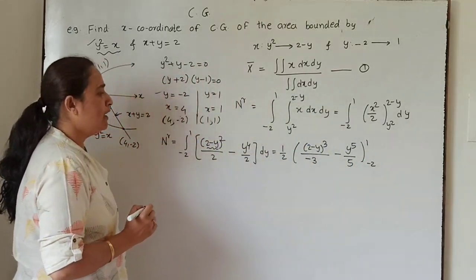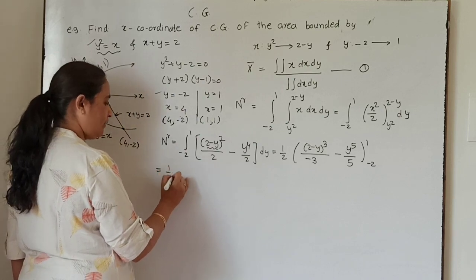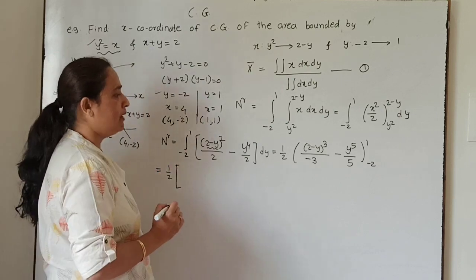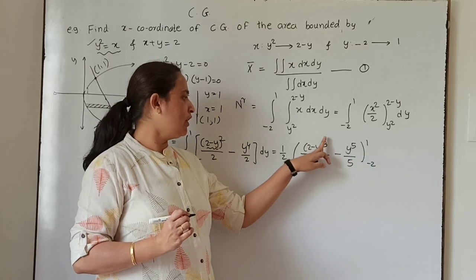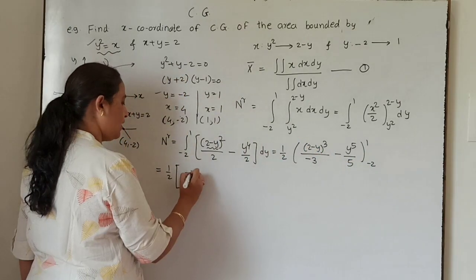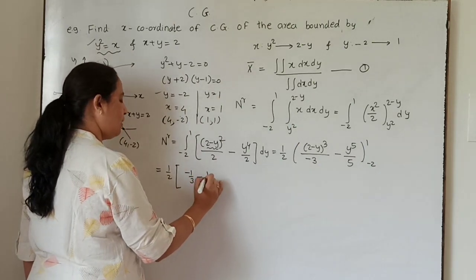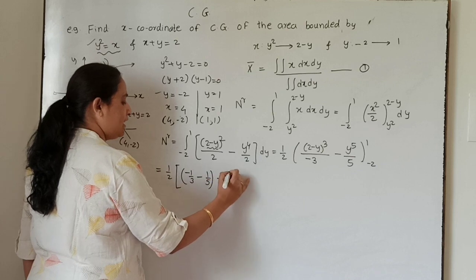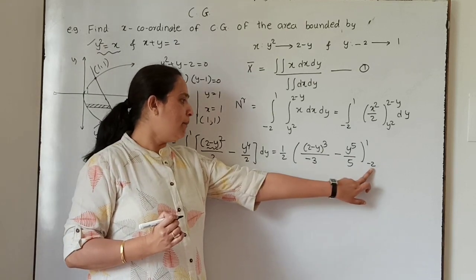Now if you apply limits for this, upper limit minus lower limit, you will get half inside the bracket. If you apply the upper limit, what is the upper limit here? 1. 2 minus 1 is 1. 1 cube is 1. So it is minus 1 by 3 minus 1 by 5. This is the upper limit. Lower limit has a minus sign. Now if you apply the lower limit, it is minus 2.